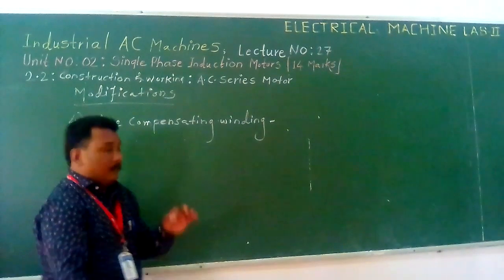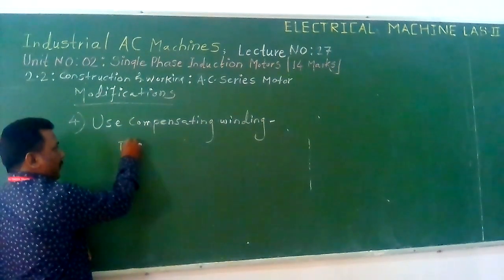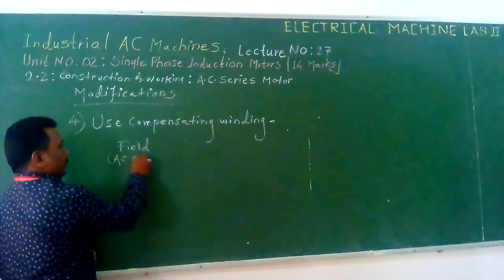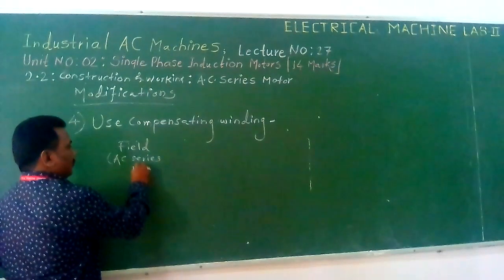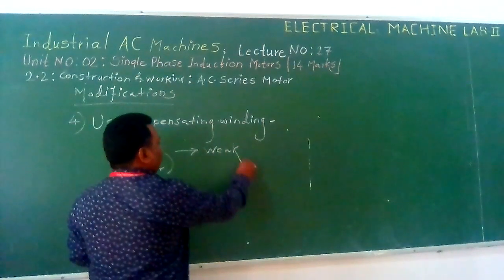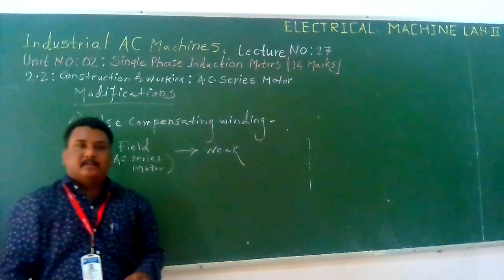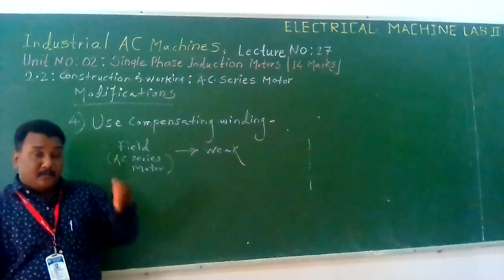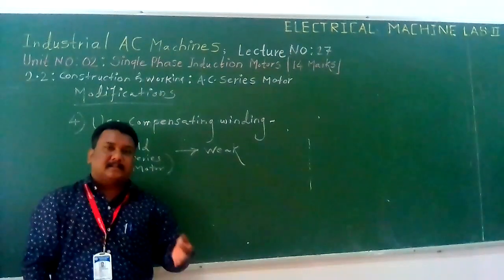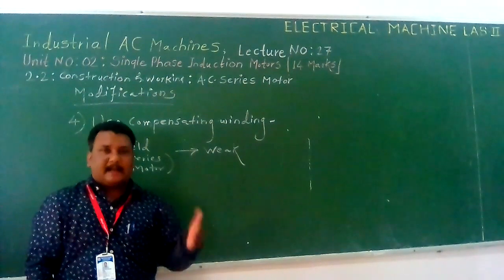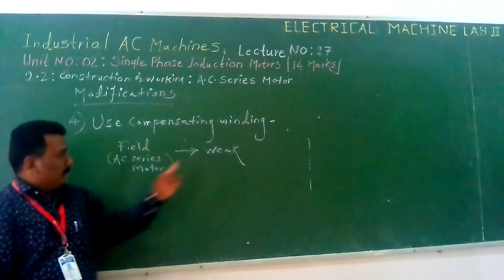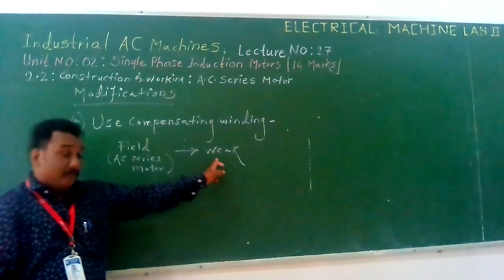Up to this point we concluded that the field of the AC series motor becomes weak. In point number 1, we already saw that to reduce leakage reactance, field ampere turns should be reduced. Hence the field winding turns are limited, meaning the field of the AC series motor is a weak winding.